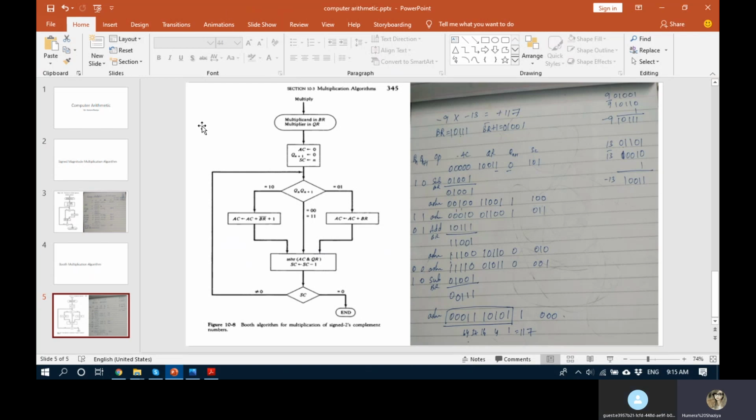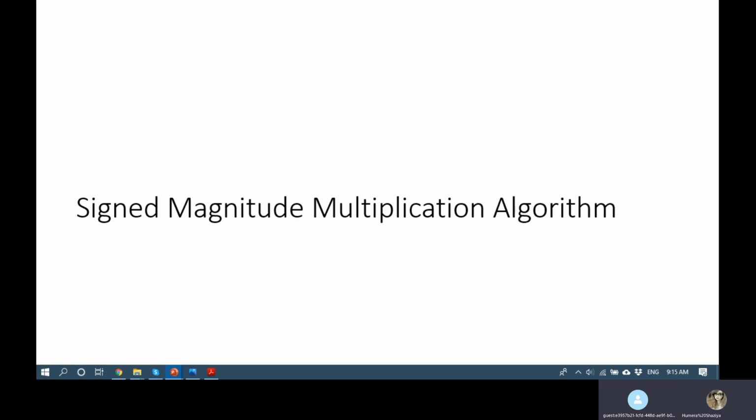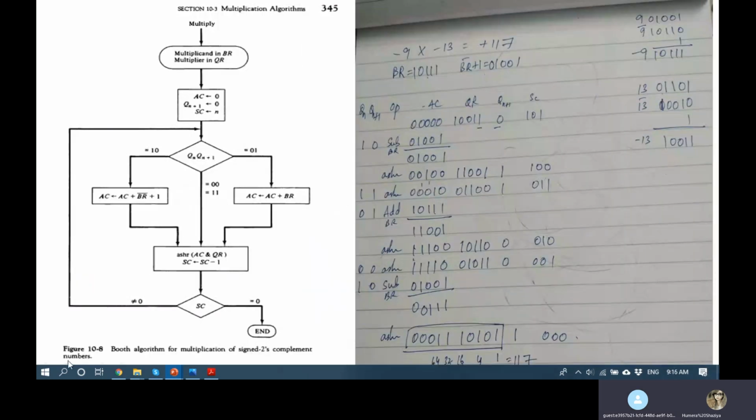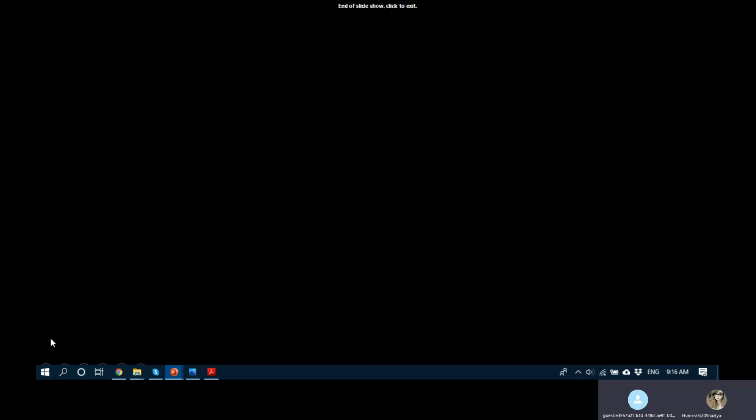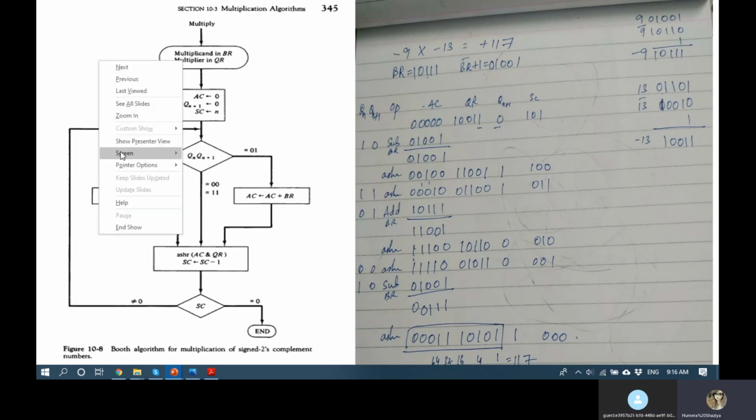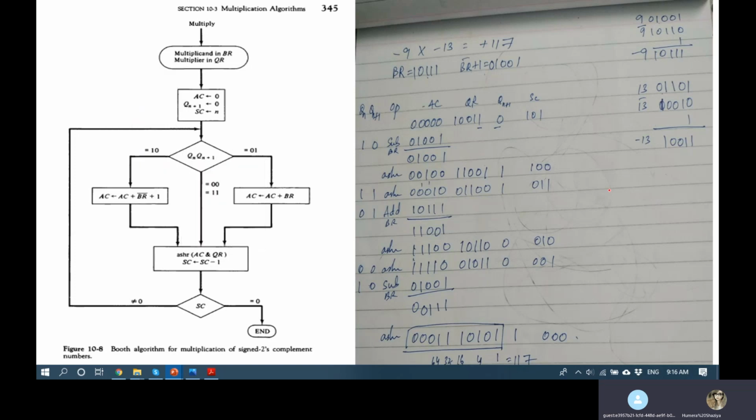Suppose you have to perform multiplication of 21 and 3. 21 is called the multiplicand. 3 is called the multiplier.